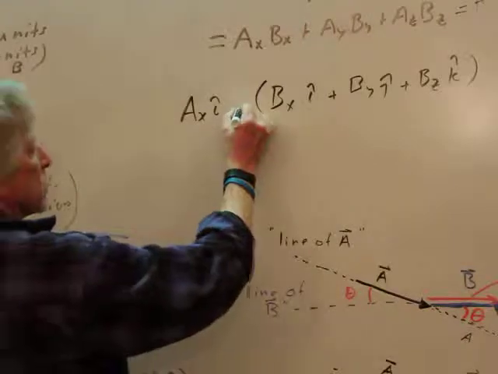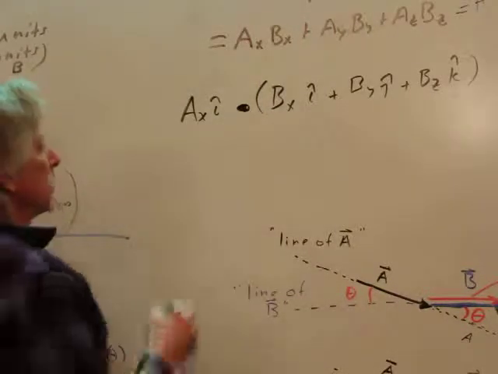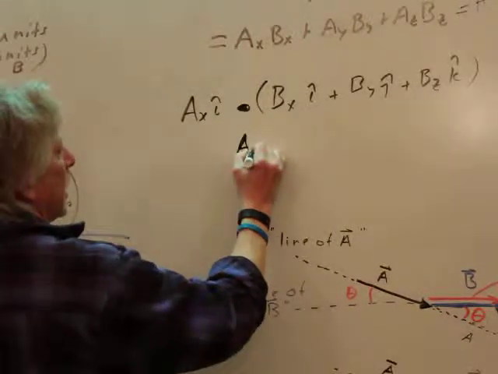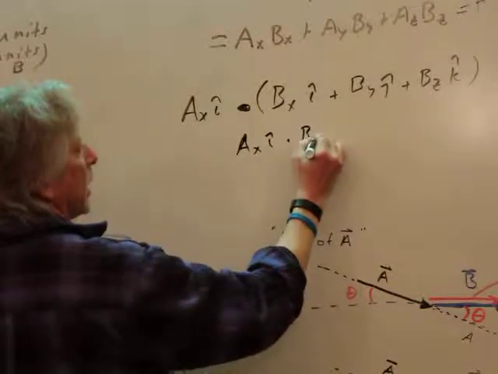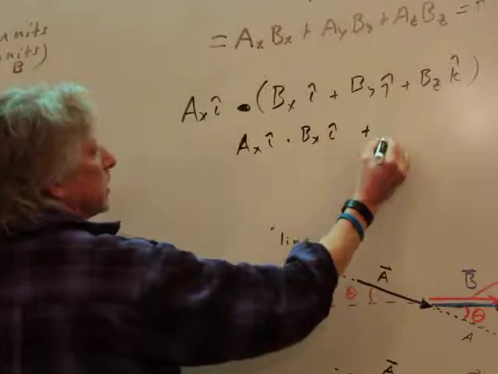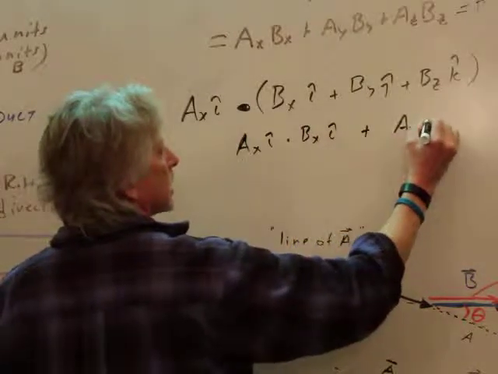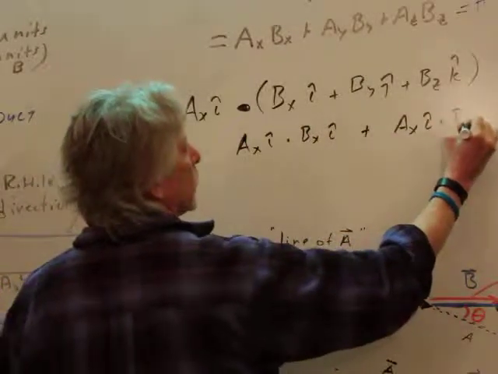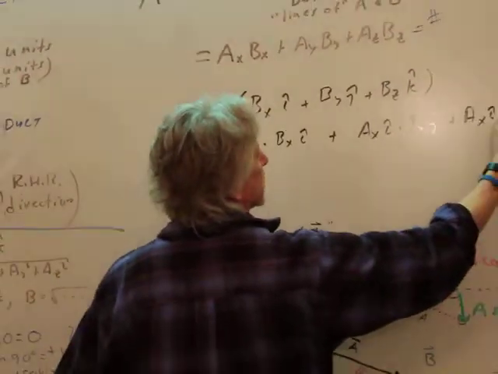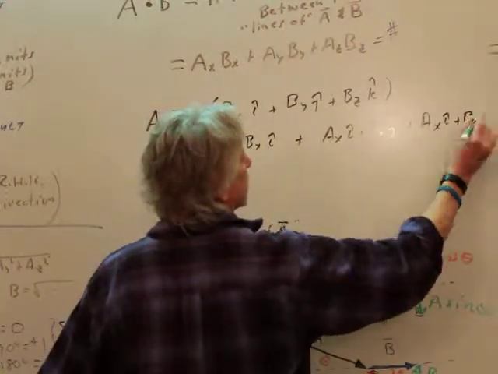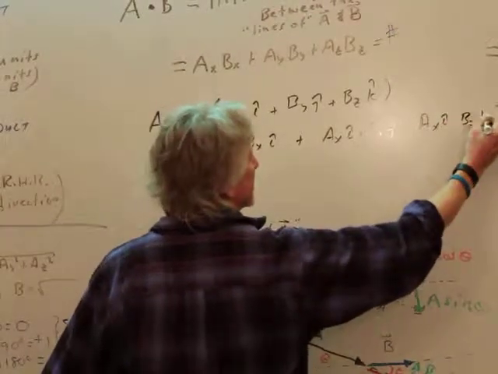And I'm going to use this rule. So that's ax I hat dotted with bx I hat plus ax I hat dotted with by j hat plus ax I hat times bz k hat.